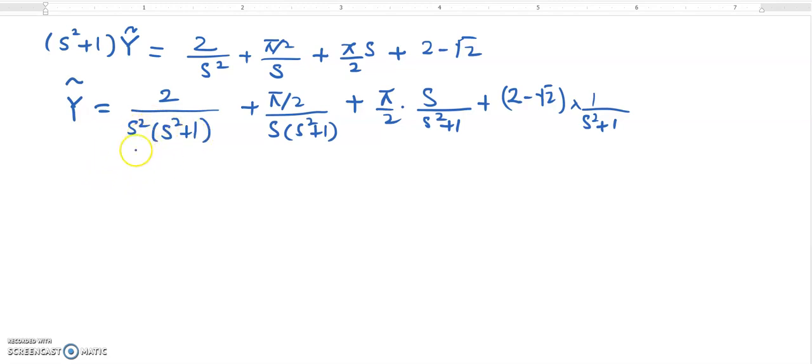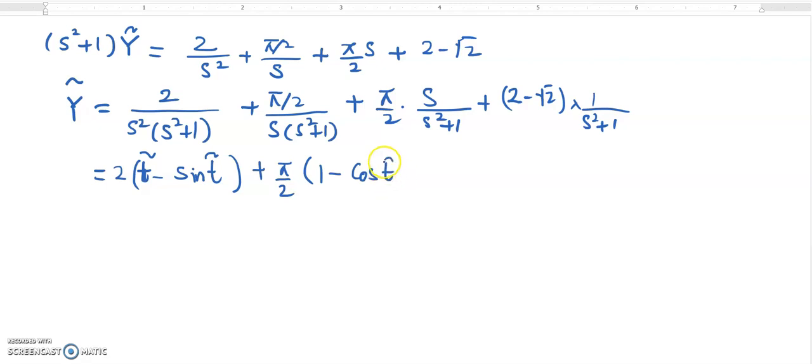Since omega is 1 here, this will be 2 into 1 minus sine t, and it should not be t, it should be t tilde, because we are talking in terms of t tilde. For s square it is t tilde. And then for this, it is pi over 2 times 1 minus cosine of t tilde.